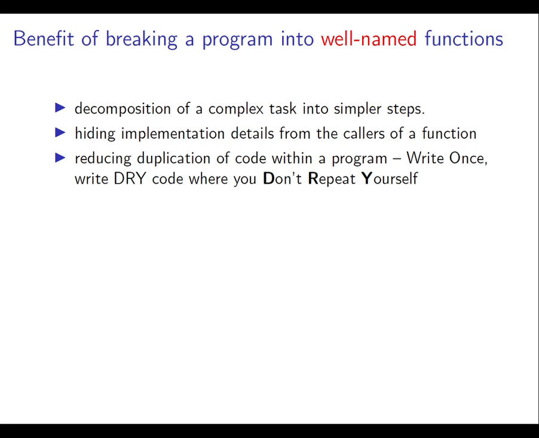Write once is a very general rule that basically says you should try to embody each decision in the code of a program just once, and of course as soon as you've got duplicated code you have the decision about exactly what that code should be embodied twice in the code of the program, which opens you up to possibilities like when you change it you accidentally change one and you fail to change the other, which is a rich source of bugs. So another slogan that means exactly the same thing really is that you should write dry code. In other words, don't repeat yourself.